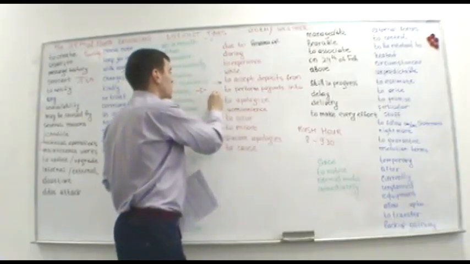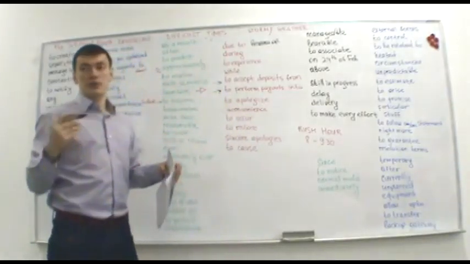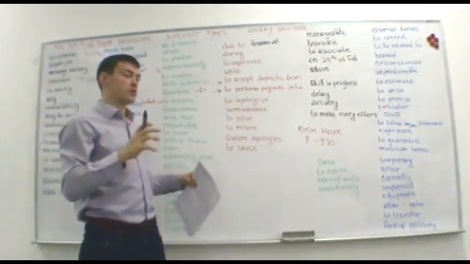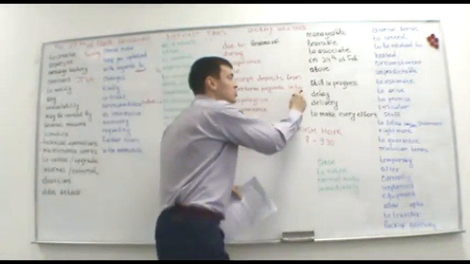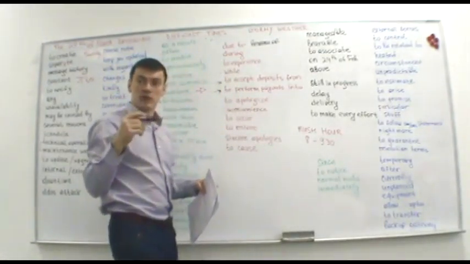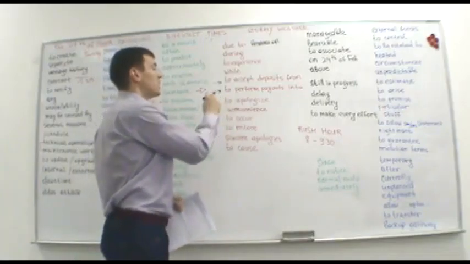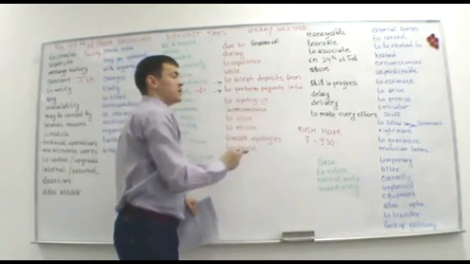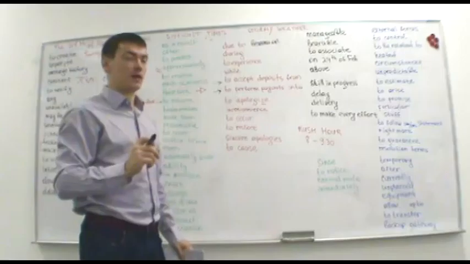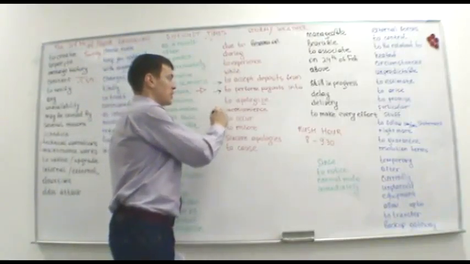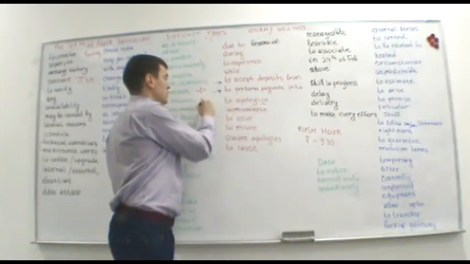To perform payouts into. This is the second one. You perform payouts, so it means you send money to someone's account. That's why we use into here. To apologize. It's a verb and we use z at the end. So what was in the beginning in the easy language?